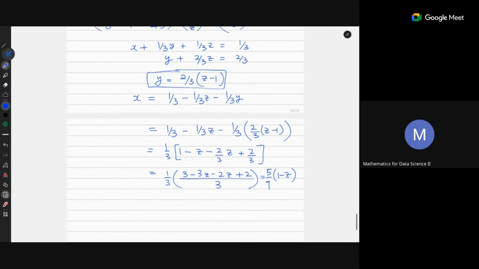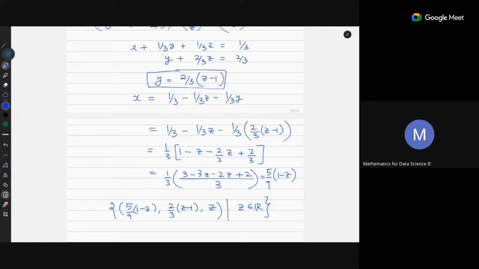Okay. So now what is the solution? So the solution set of A is x, y, z. Okay. So what is x now? X is 5 by 9 times 1 minus z, y is 2 by 3 z minus 1, and z, where z is in R. So this is my solution set.